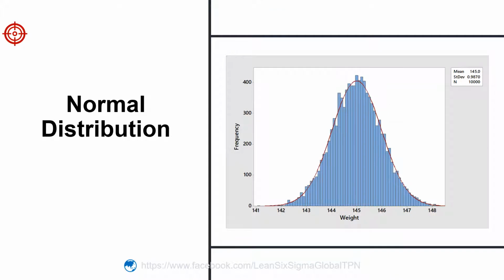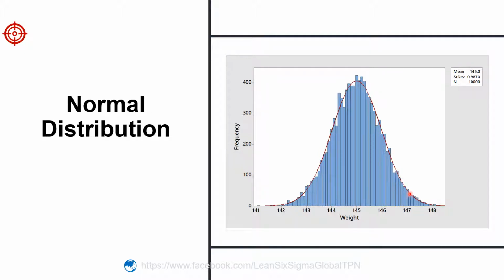Here is a histogram of the data we collect. Most of the phones have weights that are close to the target of 145 grams. The distribution appears symmetric and unimodal.